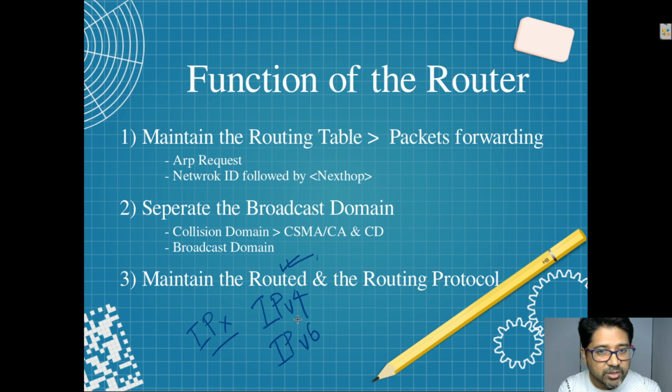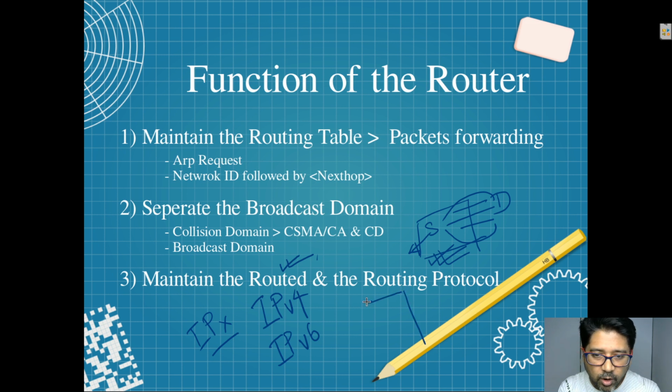Okay, now these routed protocols are the actual carriers of the data. They're going to carry the data from source to destination. What is a routing protocol? This is not going to carry any data. It gathers the information of the routes from source to destination. If there are multiple ways to reach the destination, it gathers the data, and as per the route selection process, runs a specific algorithm and gets the best route to install into the routing table.